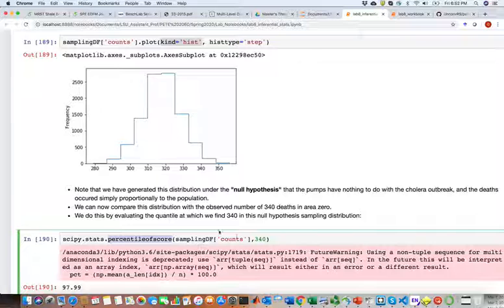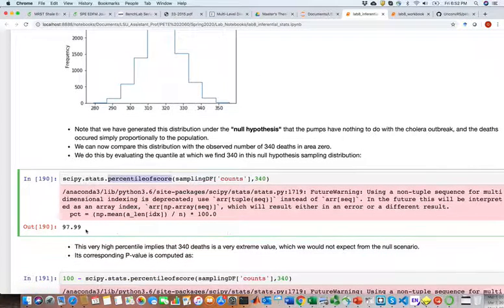Percentile of score is going to go in there and figure out the area. So this is 340. Figure out the area to the left of this distribution, all of this, divided by the total area, and tell us what that percentile is. It's really high, right? It's very high. Only this small portion is outside of that interval. So it's 97.99, roughly 98%.